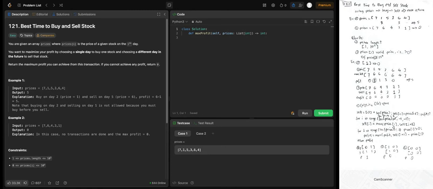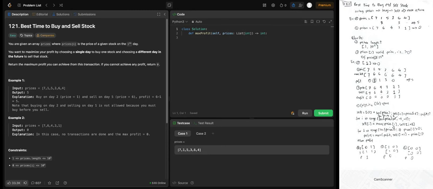Then we could set sell[i] equals the max of the current price and the maximum of the future prices, which in this case we could use sell[i+1], because we are filling in from the back.